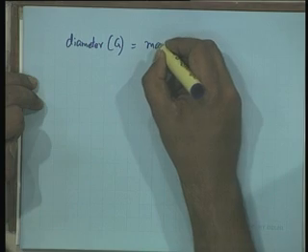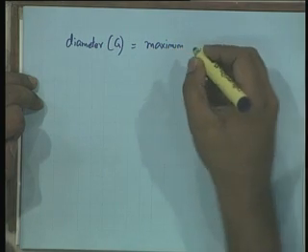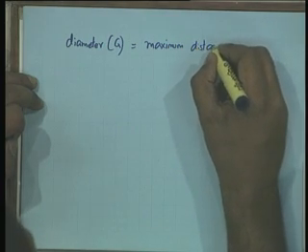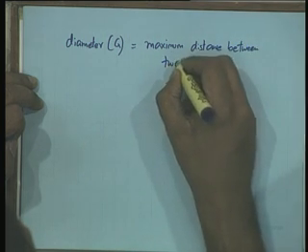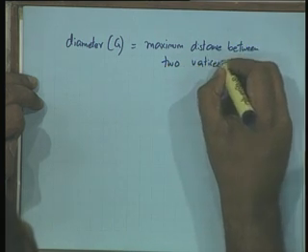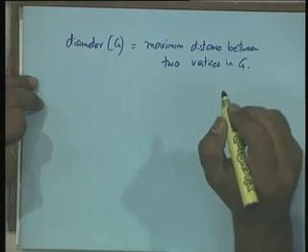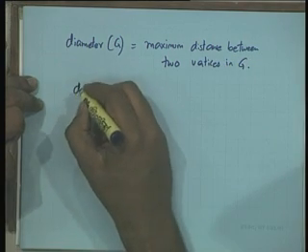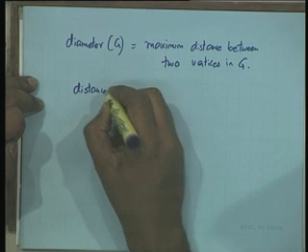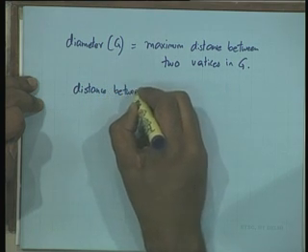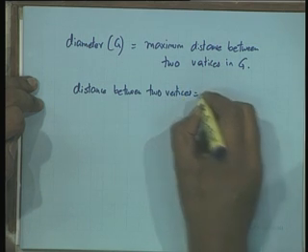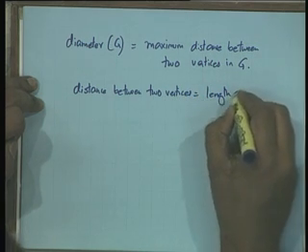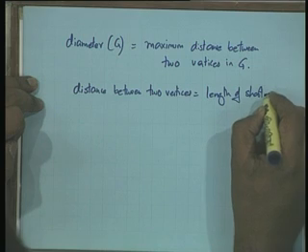Let's just say the maximum distance between two vertices in G. Where what does distance between two vertices mean? Distance between two vertices equals length of shortest path. Now how do you define length?